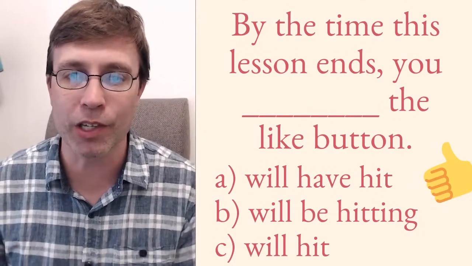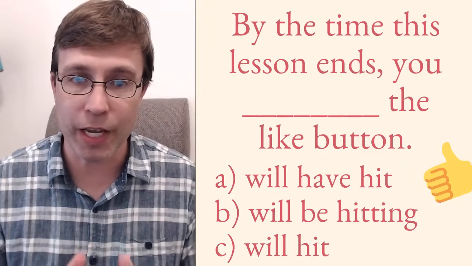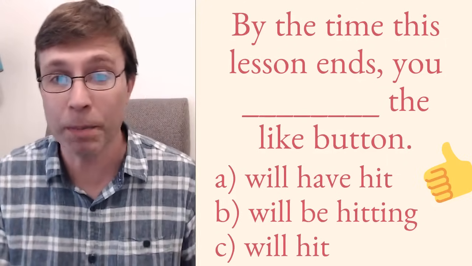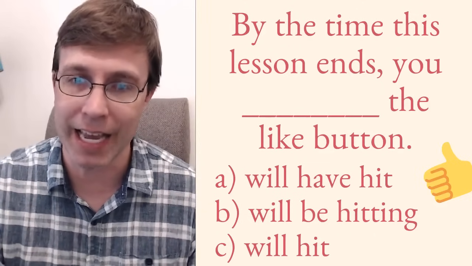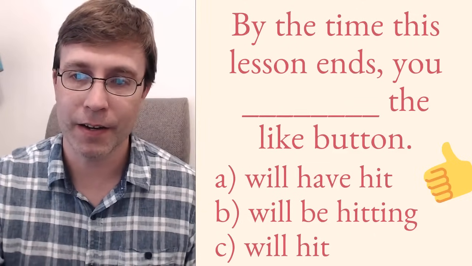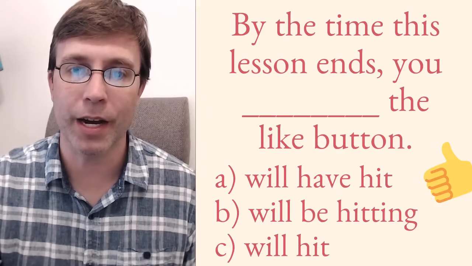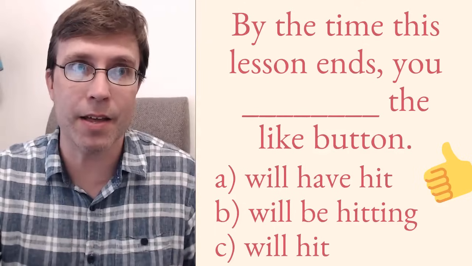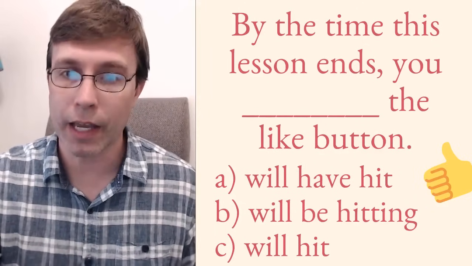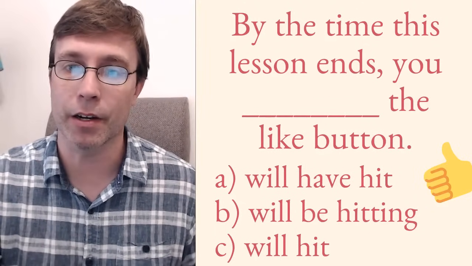A, B, or C? Would you say you will have hit, you will be hitting, or you will hit by the time this lesson ends? Okay, what do you think is the correct answer? A, B, or C? And some of these verb tenses can be a bit challenging, all right?